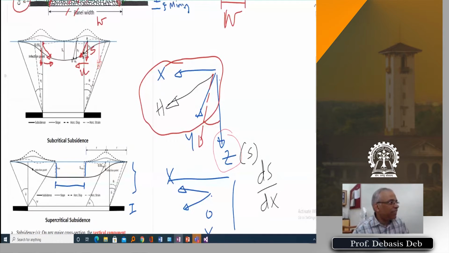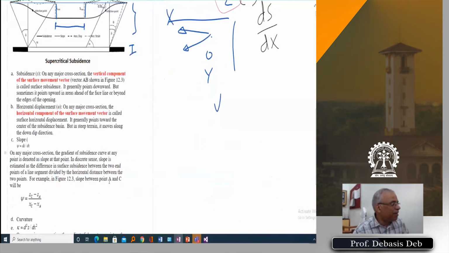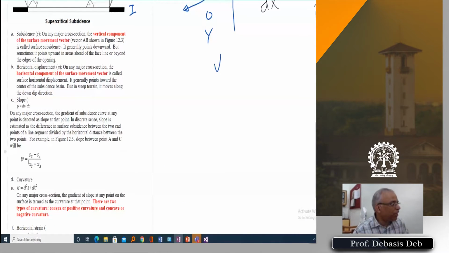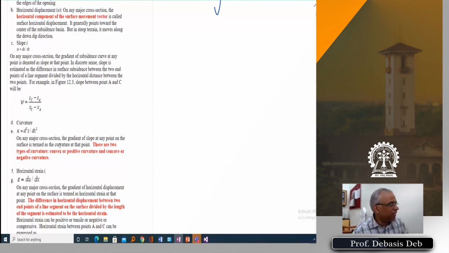Okay. Now, discretely, if I have monitored at 2 different points, then subsidence at C minus subsidence at A divided by that distance. The curvature will be related to again the derivative of this one. So curvature we use, but not so much.